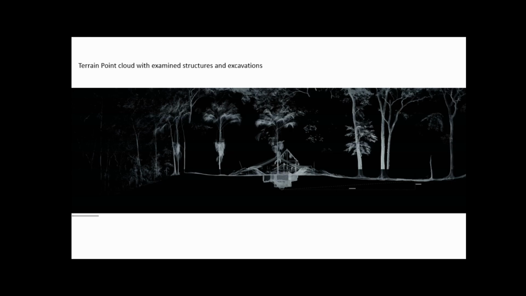Except for the ground surface and vegetation, we have also digitalized excavated features. We have done more than 800 scan positions during 3 seasons, which allowed us to generate very accurate data.